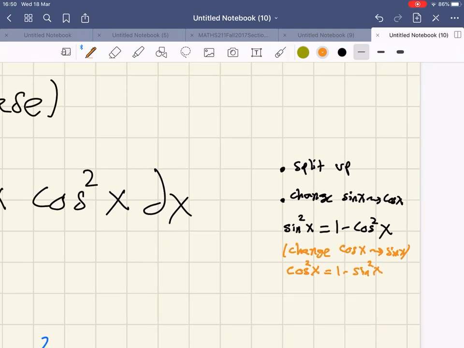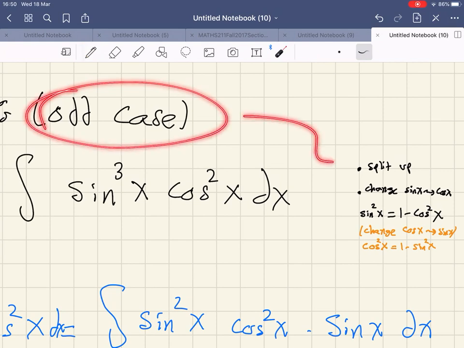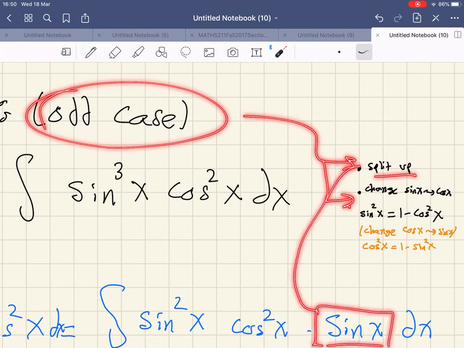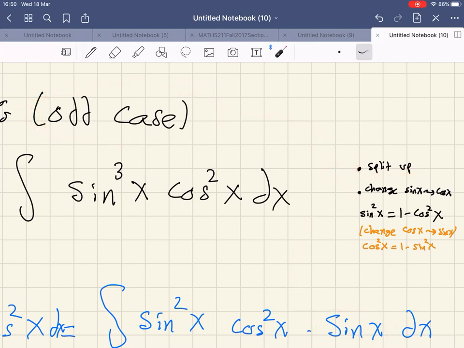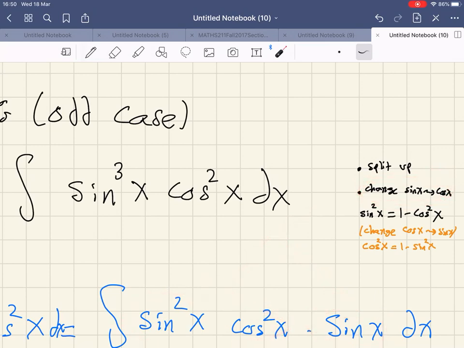And this is only if we have the odd case; we use those two steps. First step, we split up, so we get one of them here. The second thing is we need to change everything here to something different than this one. Here you have sine, so everything here should be cosine.